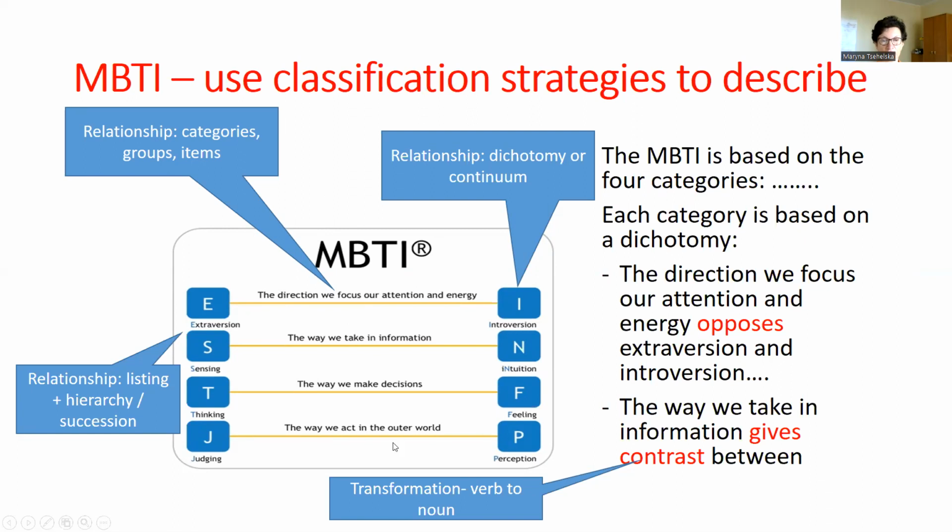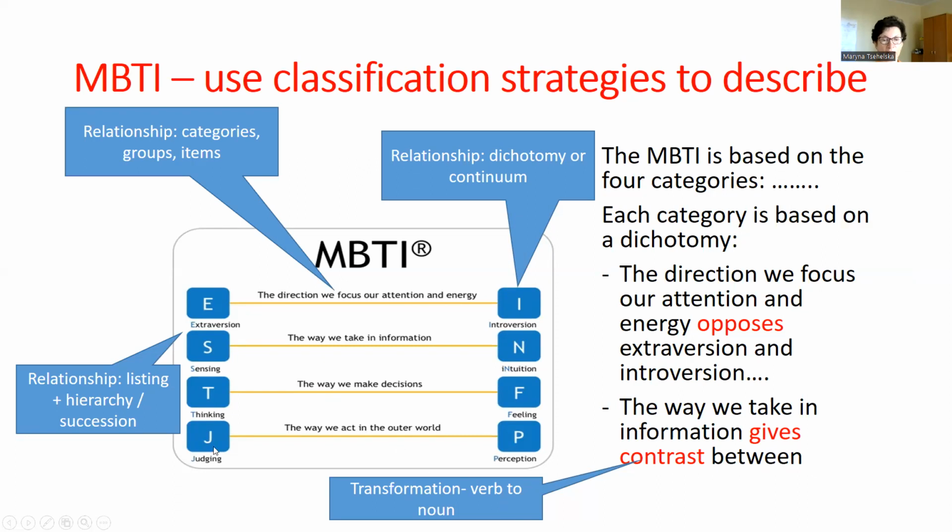There are different categories. The relation of dichotomy or continuum, when we have two opposite parts of the same thing. And then we can see here the listing, when we have first, second, third, and fourth. And we can use transformation as well.